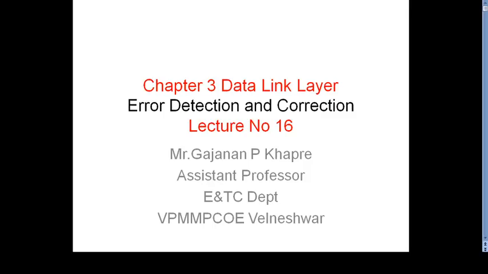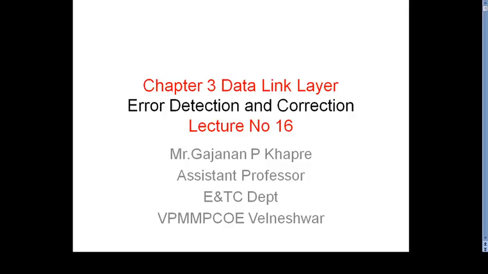The subtopic discussed in lecture number 15 was data link layer design issues. There are 4 issues. First is the services offered by the data link layer to the network layer.